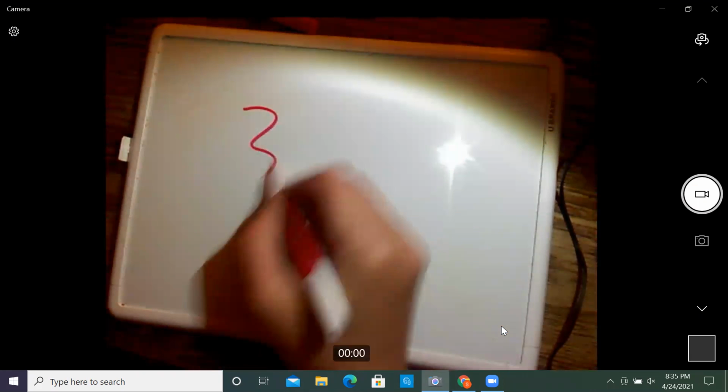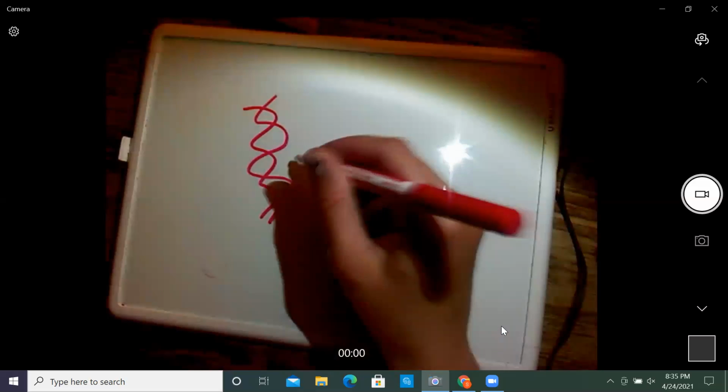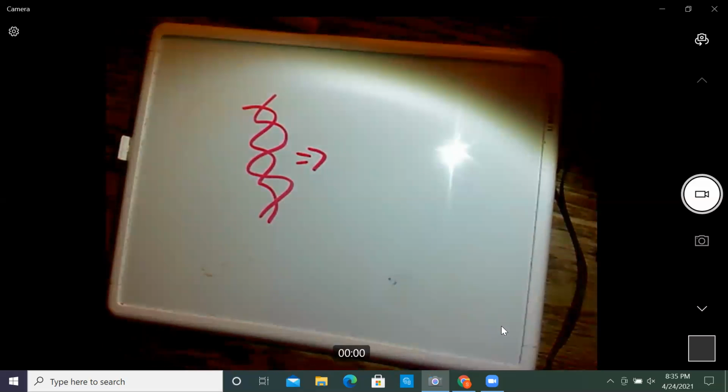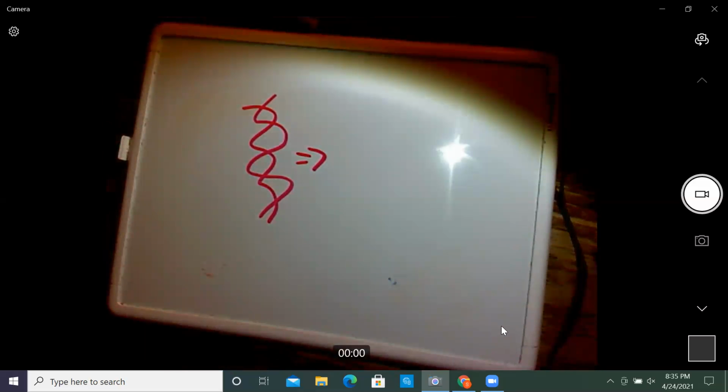So let's just say we have a double helix molecule just hanging out, doing its thing. Here it is. There's a double helix. But we're in the S phase of interphase. We're about to replicate this bad boy. So how that is going to occur is going to require semi-conservative replication.